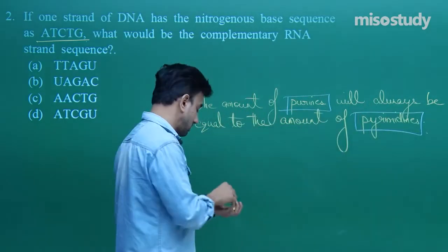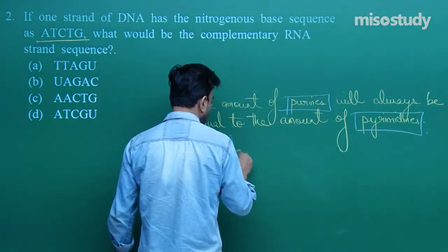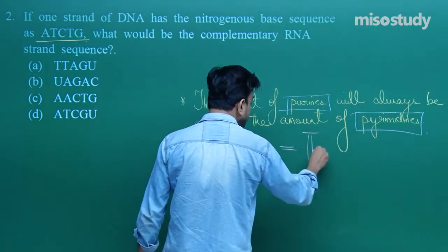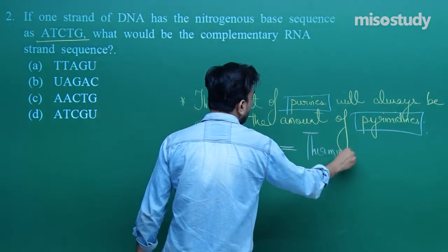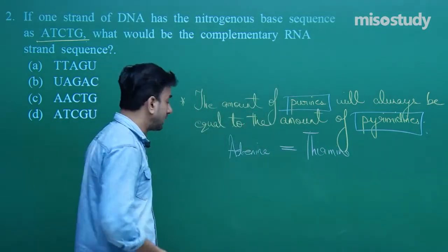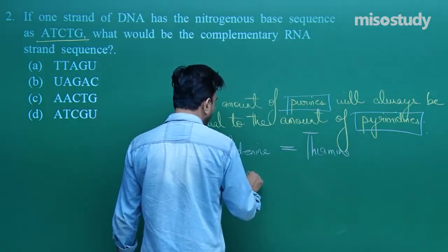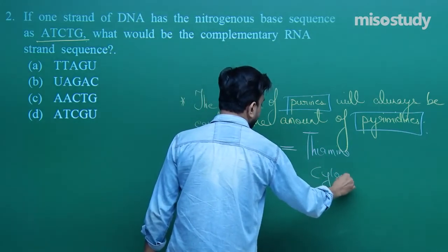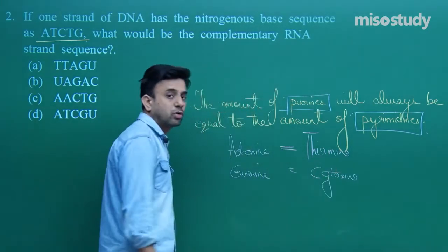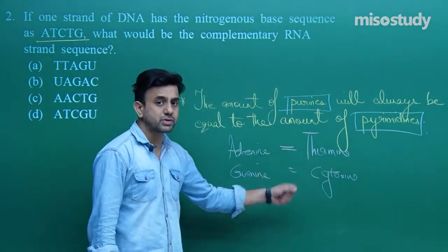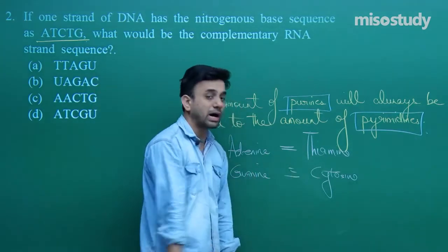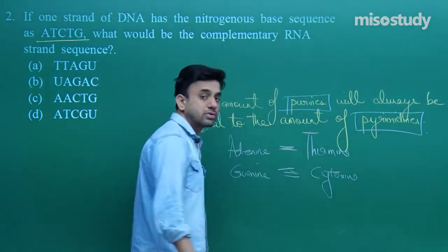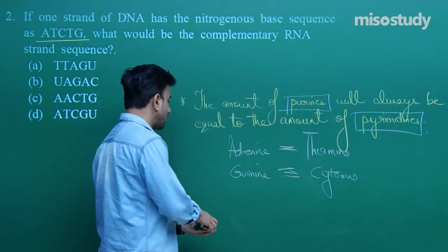That means the adenine will be equal to thymine and the guanine will be equal to cytosine. Obviously, we know that here there will be 2 hydrogen bonds and here there will be 3 hydrogen bonds, right?